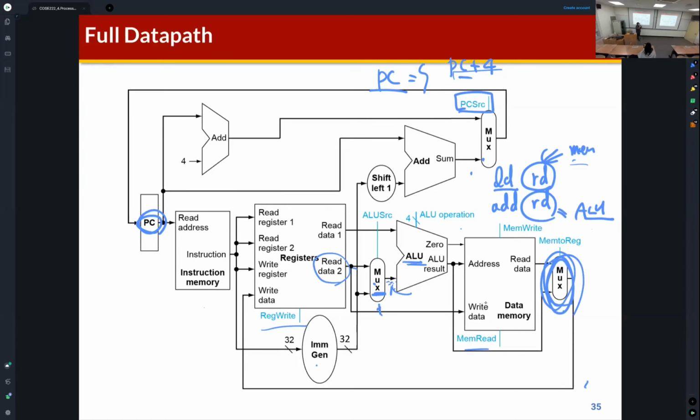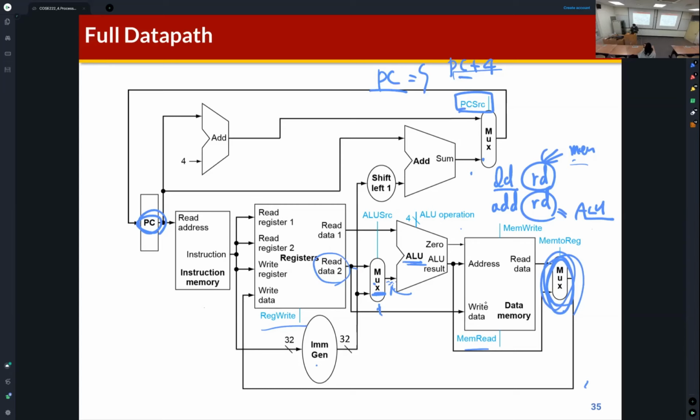The data path includes the hardware components and the connections between them.